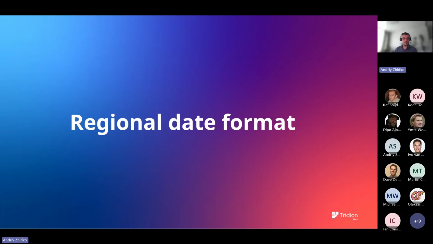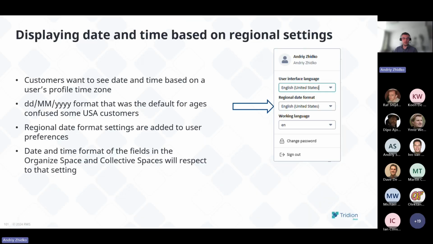Let's continue with regional date format. All the customers will benefit from this improvement, but it's valid to say that a lot of US customers were complaining and asking us to support that feature, because the default date format that we were using, day, month, year, was confusing for them because they use month, day, year format.